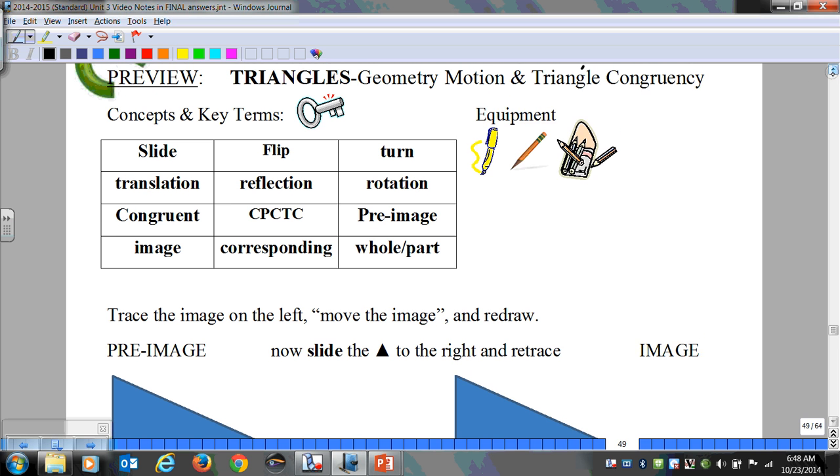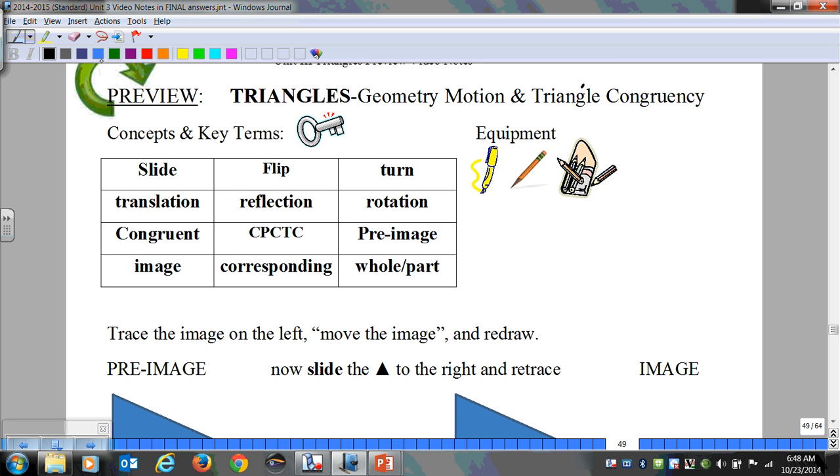We're going to be talking about geometry motion: slide, flip, turn. Translation, reflection, rotation. Congruent, CPCTC. Pre-image, image, corresponding, and whole and part. By the time you're done with this video, you should be able to give a quick definition of each of those.